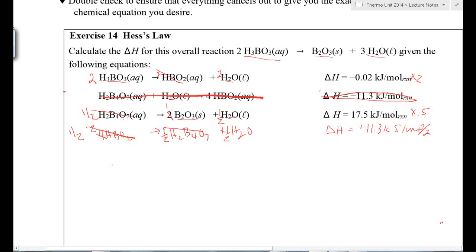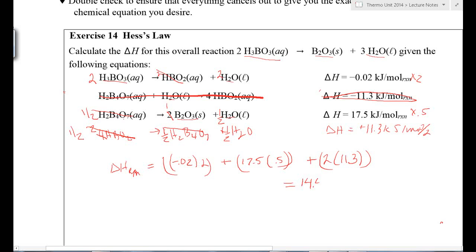Okay, so my total change in enthalpy for the reaction is going to be minus 0.02 times 2 plus 17.5 times 0.5 plus 2 times 11.3, and these are all kilojoules, and if I multiply and add those up, I should get 14.4 kilojoules per mole of reaction. Okay.